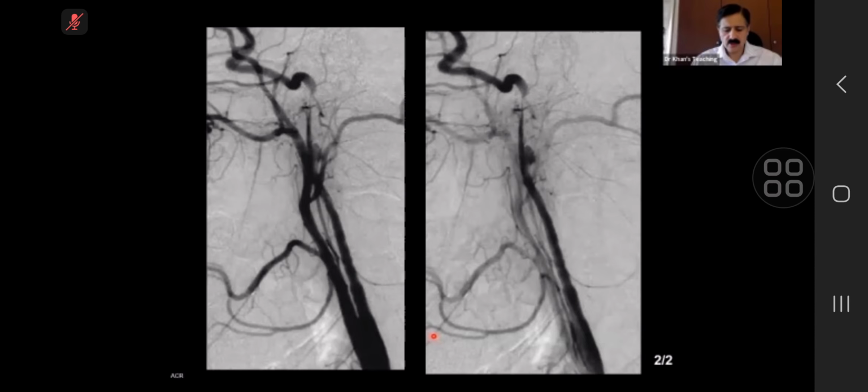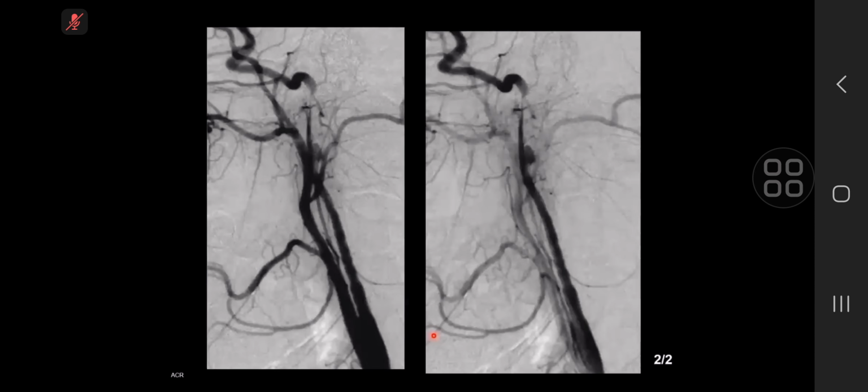Internal? Yeah, it's internal carotid artery of the left side. Of left side carotid artery, there's a complete occlusion. Although there's a filling distally, probably with the collaterals, this portion of the proximal left ICA is occluded, which is in keeping with the dissection. Considering the MRI finding and the DSA finding, it's in keeping with acute dissection.